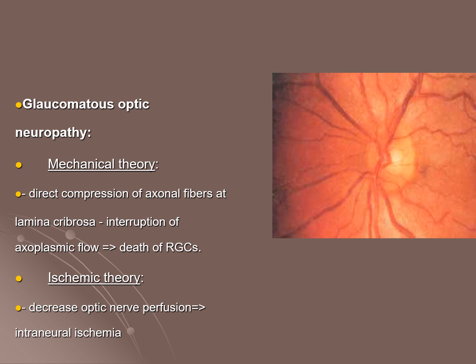By the mechanical theory, it means direct compression of the axonal fibers at the lamina cribrosa. It interrupts the axoplasmic flow and leads to death of the retinal ganglion cells. In the ischemic theory, it causes decreased optic nerve perfusion. Ultimately, both processes lead to death of the retinal ganglion cells, leading to apoptosis of the nearby cells.